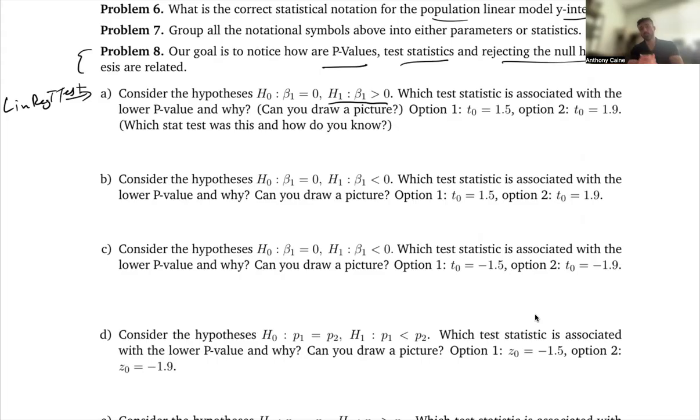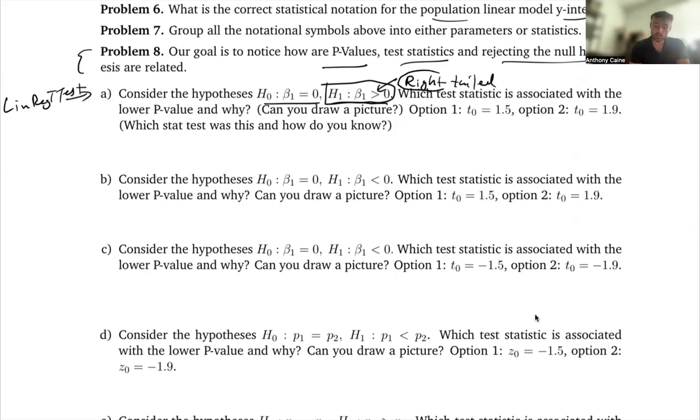They're checking for slope, and in this problem, the null hypothesis is that the slope is 0, there's no linear relationship, and the alternate is a positive linear relationship. So what I want you to notice in this alternate is we're checking for positive. You're checking for beta 1 being bigger than something. This symbol here tells us that this is a right-tailed test, okay?